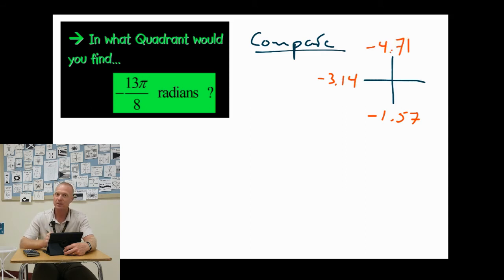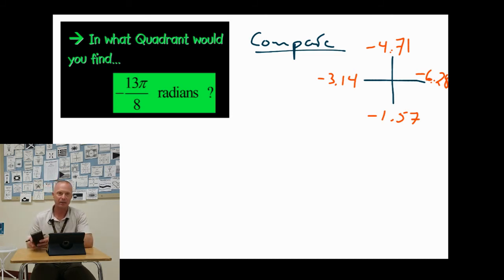That's, of course, negative 3 pi over 2, and then maybe negative 6.28. Sometimes students will say, should I memorize these 4 numbers? Well, you should know how to find them, and they do come from those common rotations that I mentioned that use pi. So about negative 13 pi over 8.